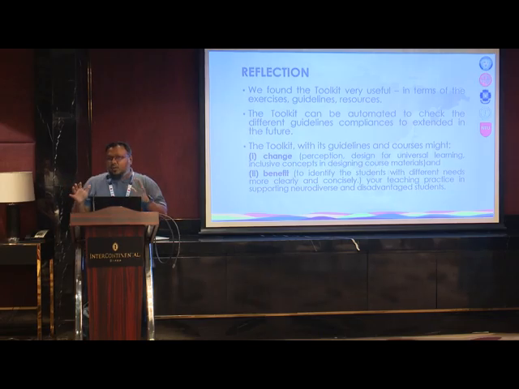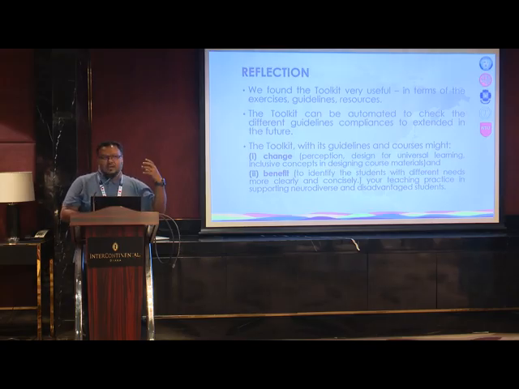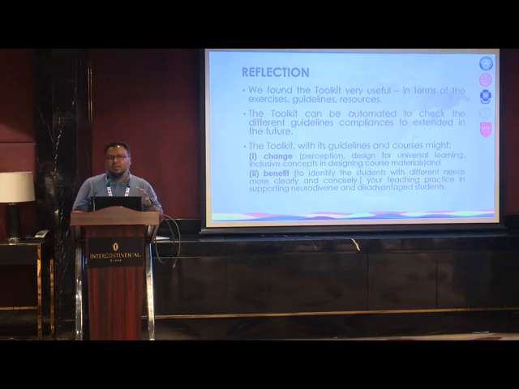But we suggest that if there is any sort of automation tool that can be integrated into this toolkit, we just upload the resources there. The toolkit will suggest that this is violating the guidelines, so you can check these guidelines. Currently we are using many third-party tools like Wave or Lighthouse to validate our materials by ourselves.